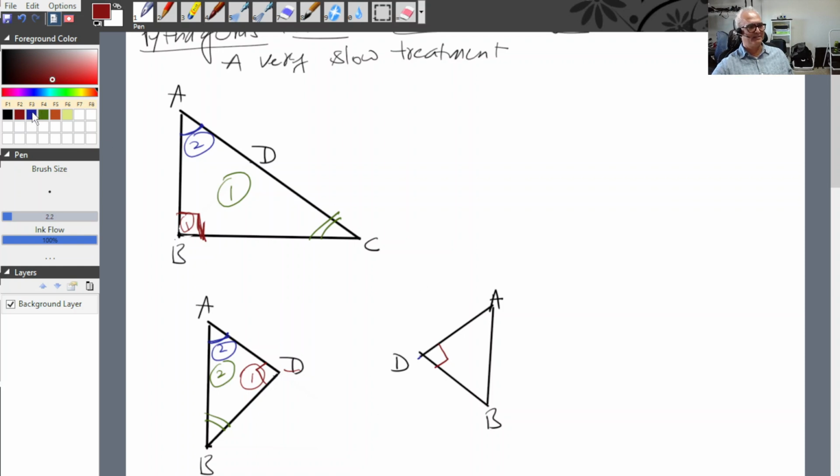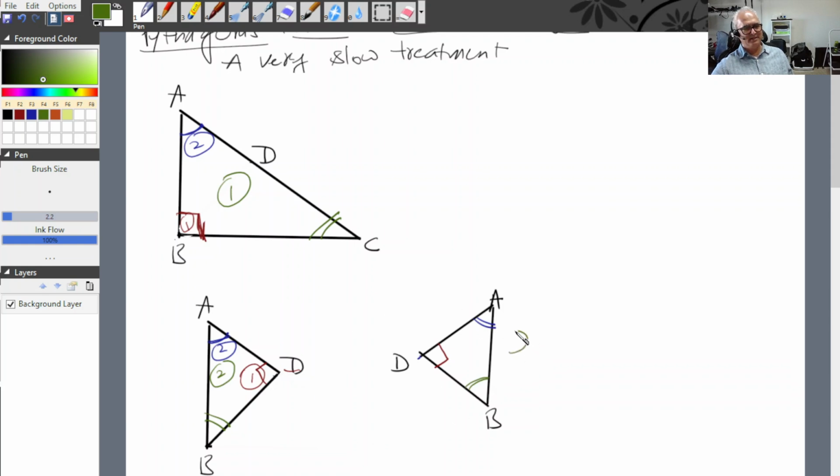And let me draw the angles. I just flipped it.